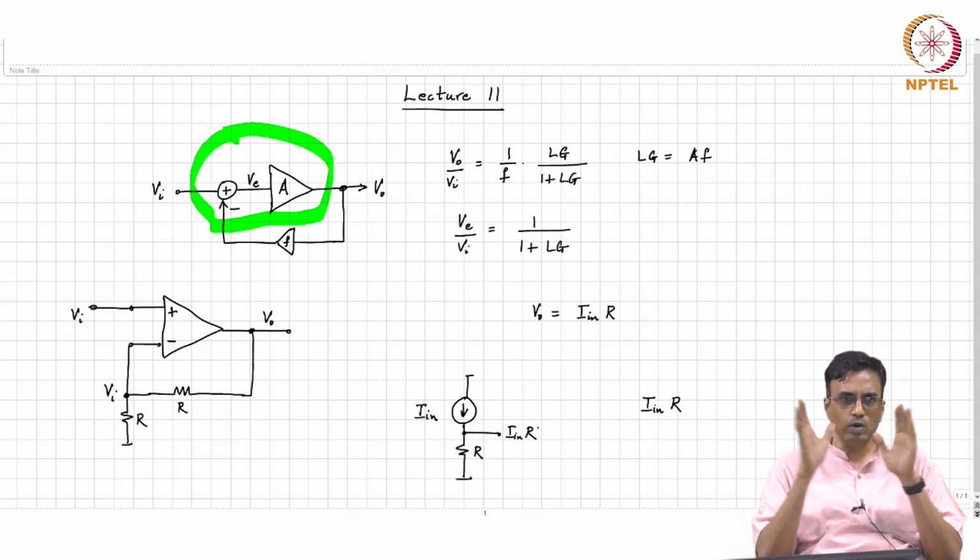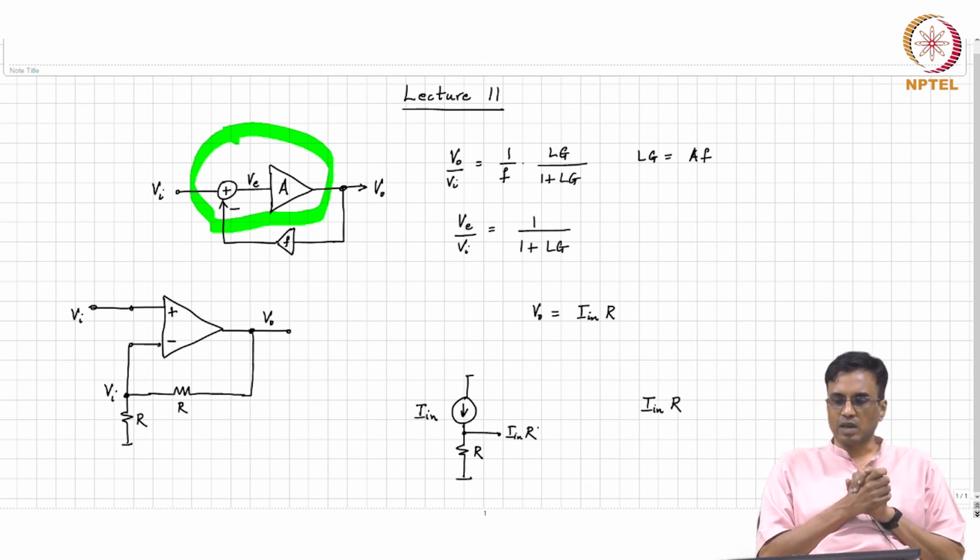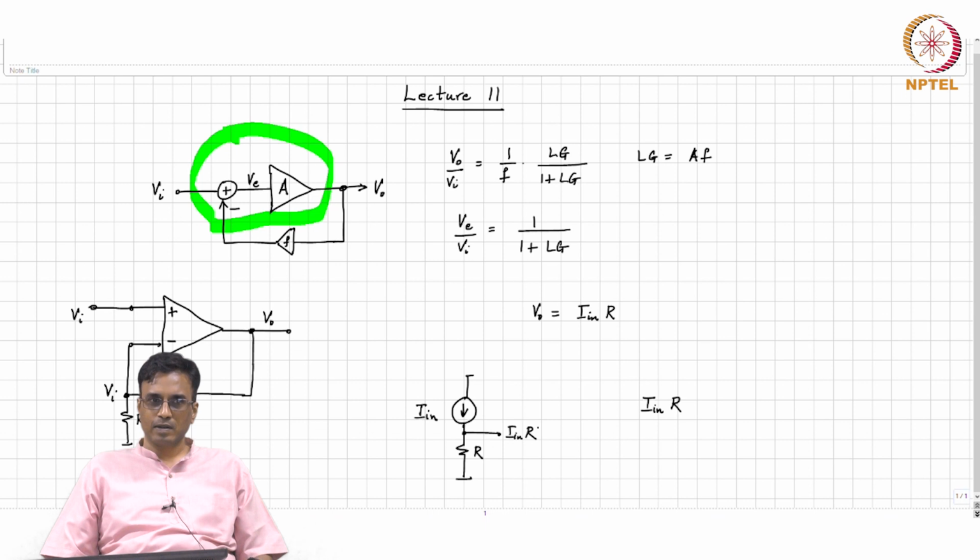So, you are in a lab now, you have a current source I in, and I tell you to produce a voltage I in times R. What all will you need and how will we go about doing this? You have a variable voltage source, okay.